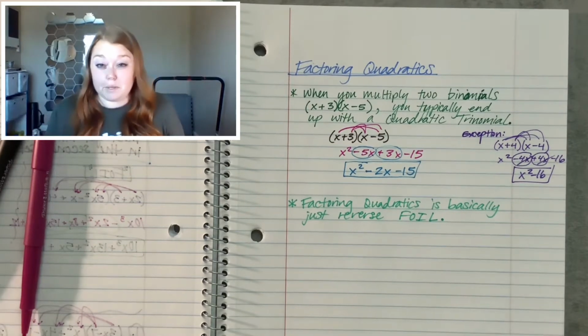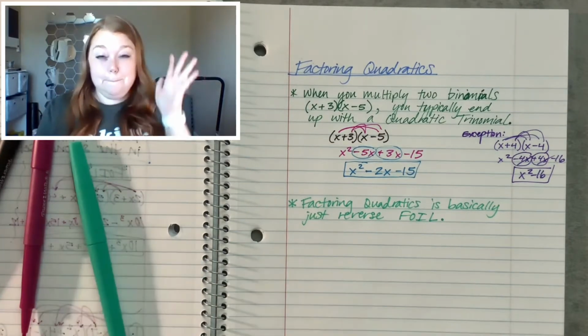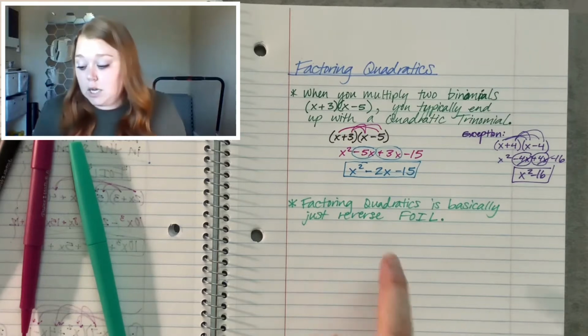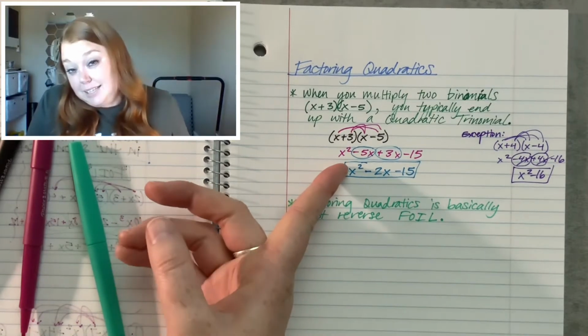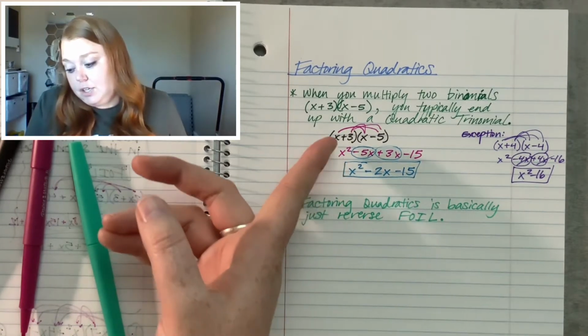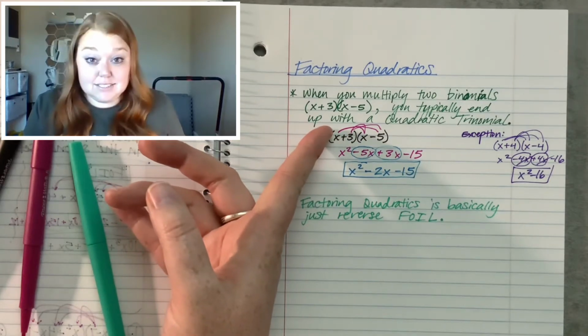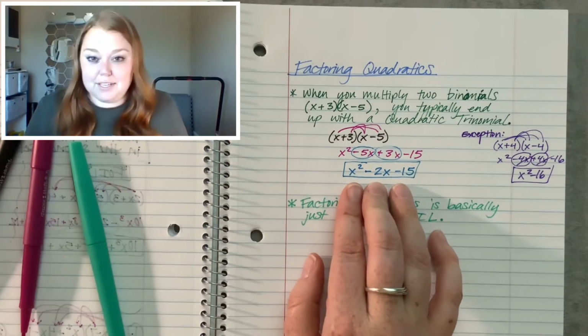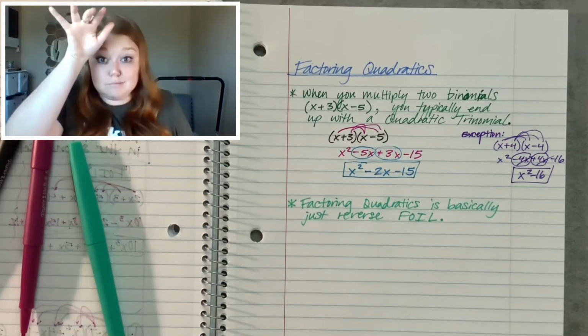It's just reverse FOIL. Meaning, I'm going to give you something like this, and you're going to have to give me something like this. So it's like, I give you the answer, and you actually give me the starting point.